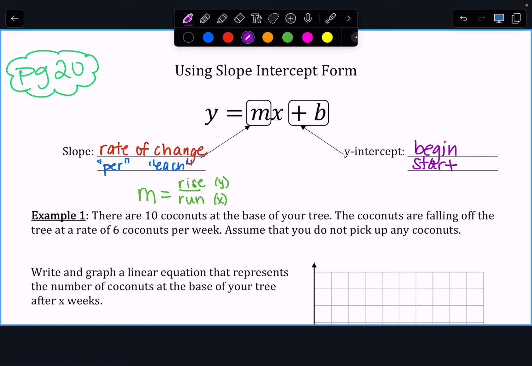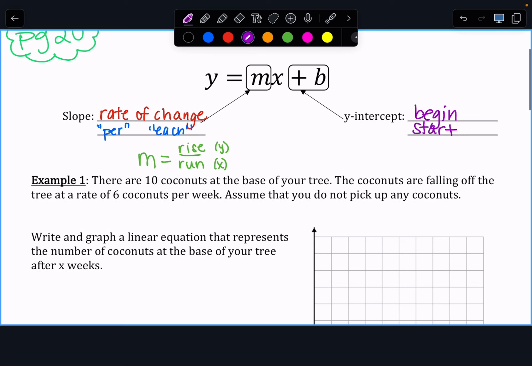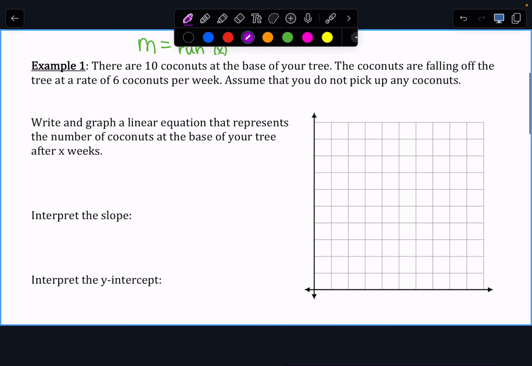What are we starting with? What are we beginning with? Those are the things that are going to help us pick out what the y-intercept is. So our goal is to read a sentence, write the line, y equals mx plus b, graph it, and then be able to interpret things. Okay? So will you just read through this coconut example here?